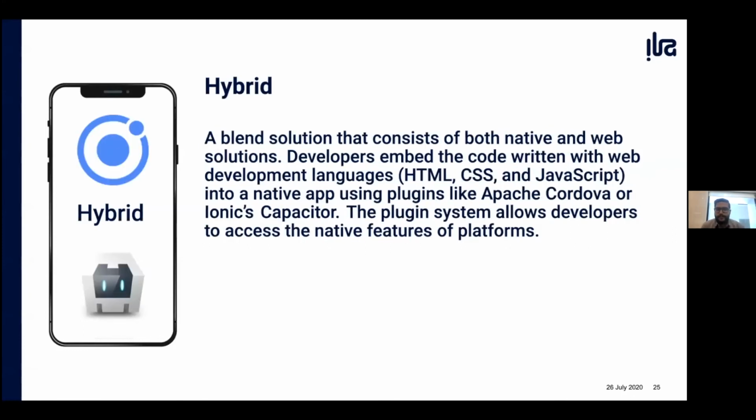The second option is going through a hybrid mobile application. This would usually be when you are developing a web application using the same HTML, CSS, and JavaScript languages, and there are some tools that will convert this code into a mobile app.